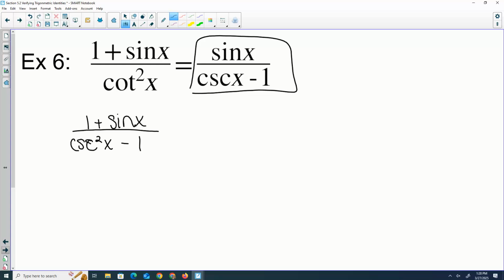What do you want to do now? We could try factoring. We could try changing things to sines and cosines and simplify.